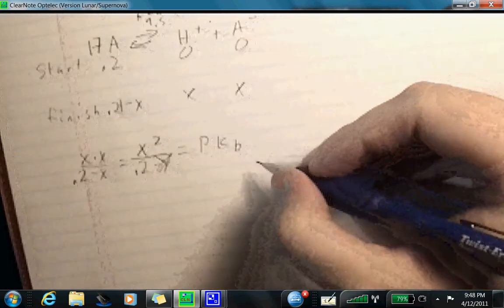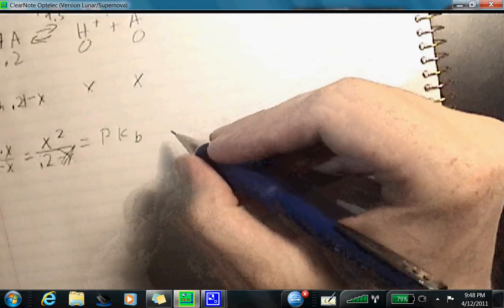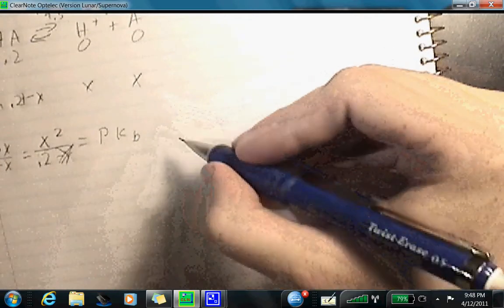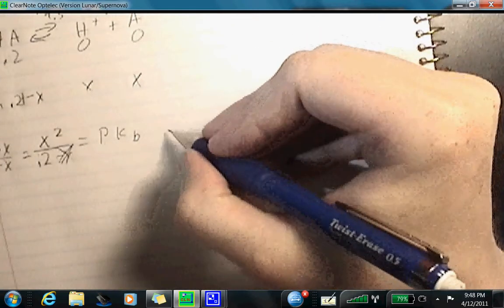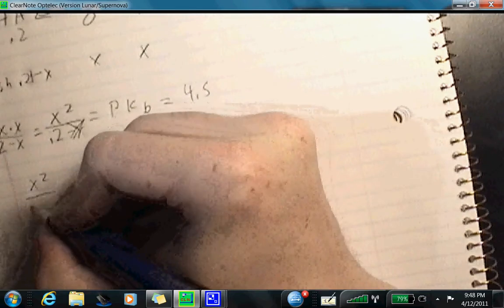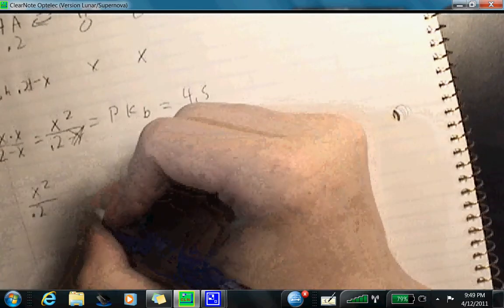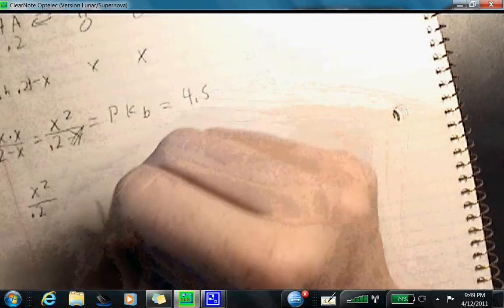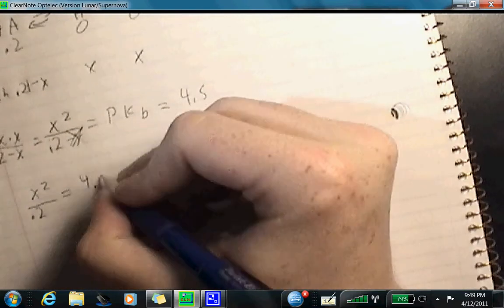So now what we're going to do is we're going to have our pKb, and our pKb right here is 4.5. Okay. So let's rewrite everything because this looks kind of messy. Remember, we cross out the negative x because we don't care. That's going to be 4.5.